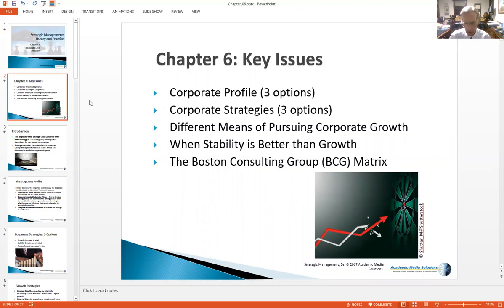Then we'll talk a bit about how to go about pursuing corporate growth, and then the possibility of not pursuing growth, but rather simply to maintain a stable position.